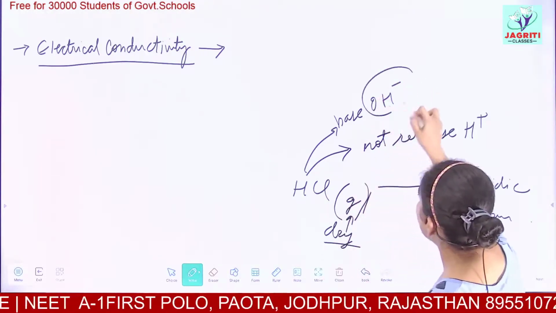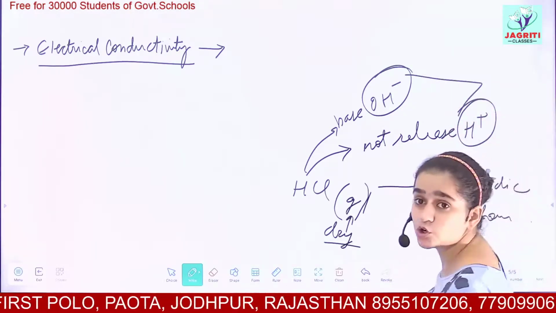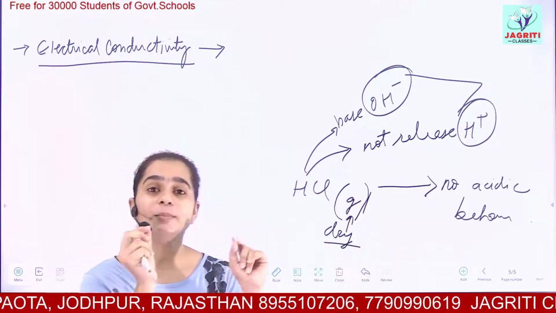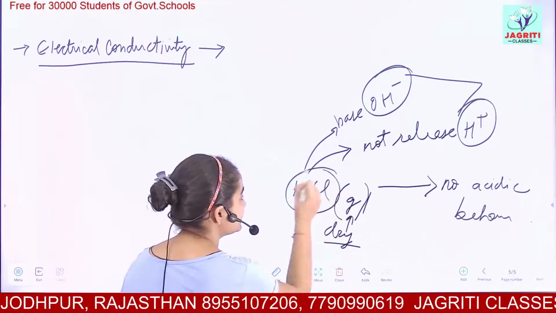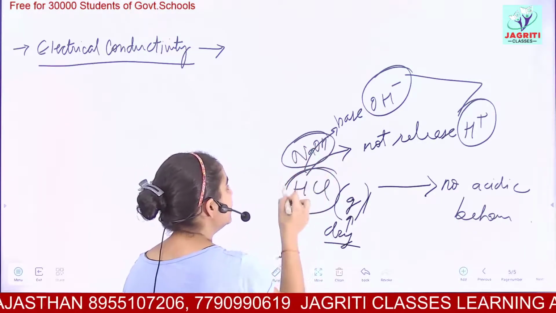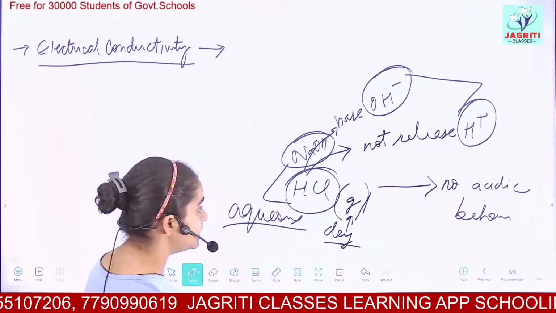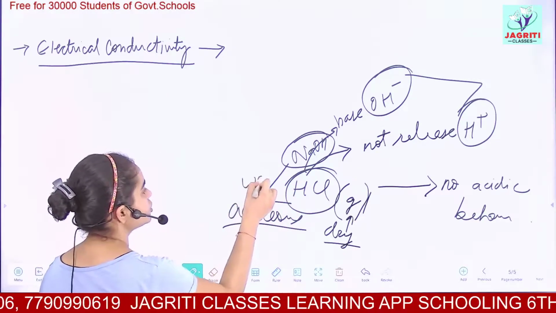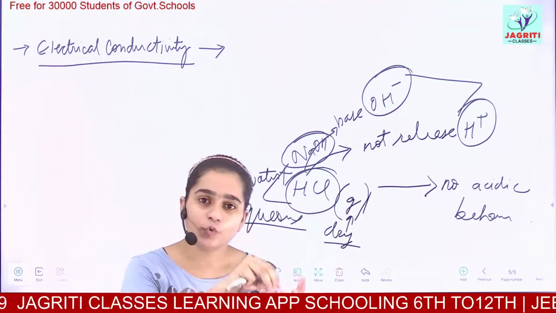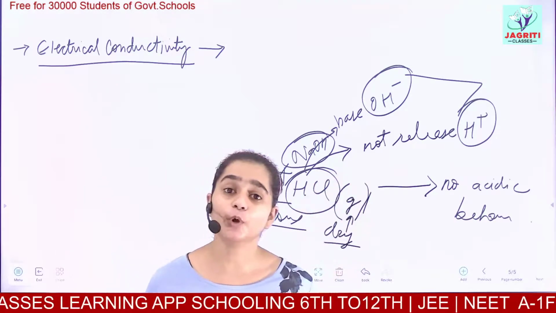And if H plus or hydroxide ions are not released, then they will not show any acidic or basic properties. For showing acidic or basic properties, an acid, or any base, let's suppose NaOH, should be in aqueous medium. Aqueous medium means these should be mixed with water. Once acid and base are mixed in water, they dissociate into ions and then show their respective properties.